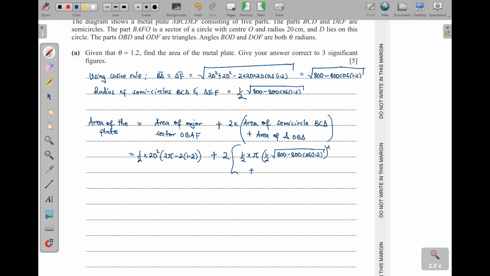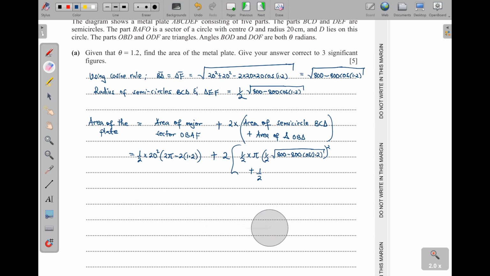Then plus area of a triangle, which is not right angled, is a half. You have something like this. You know the angle here. If this is A, this is B, and you know these 2 lengths, it is just a half, then times this side, which you know, times this other side, you know, then sine of the angle, which is in between them. Okay, as simple as that.